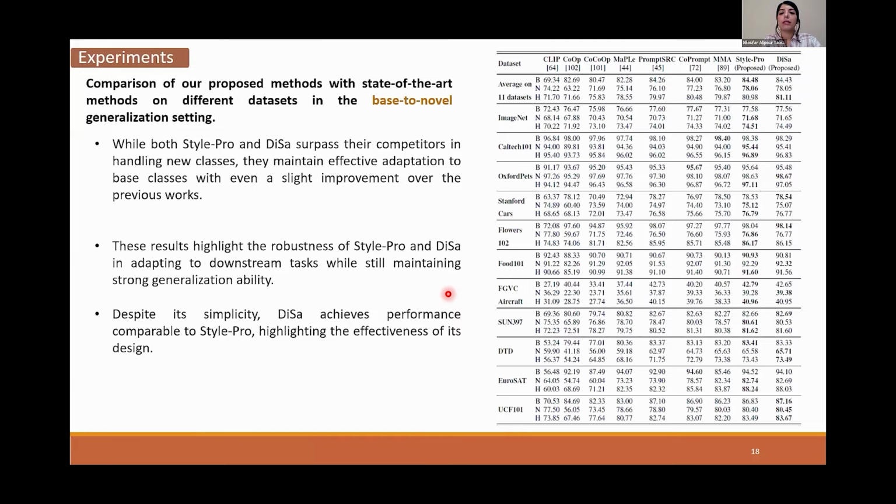We train our model using a few samples per class. But during the test time, we have samples from seen and also unseen classes. And as is predictable, the performance of all the methods on the unseen classes is lower than on the base classes.